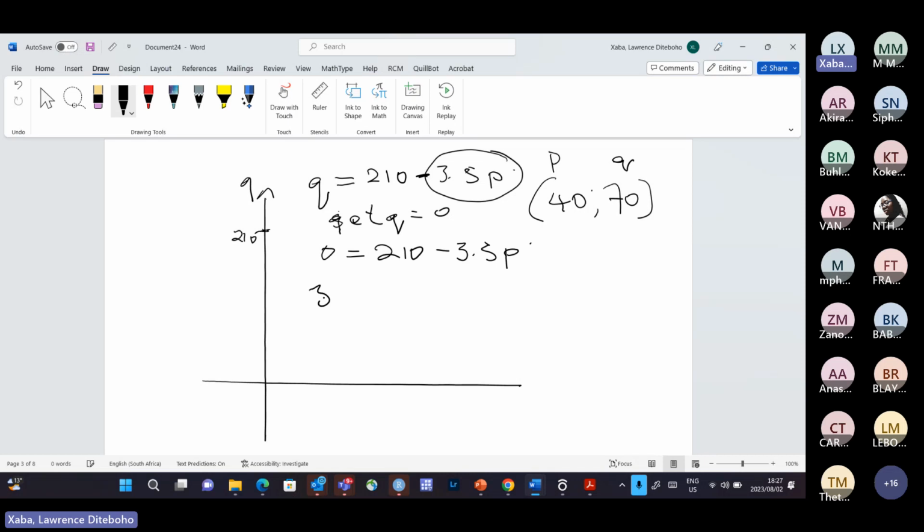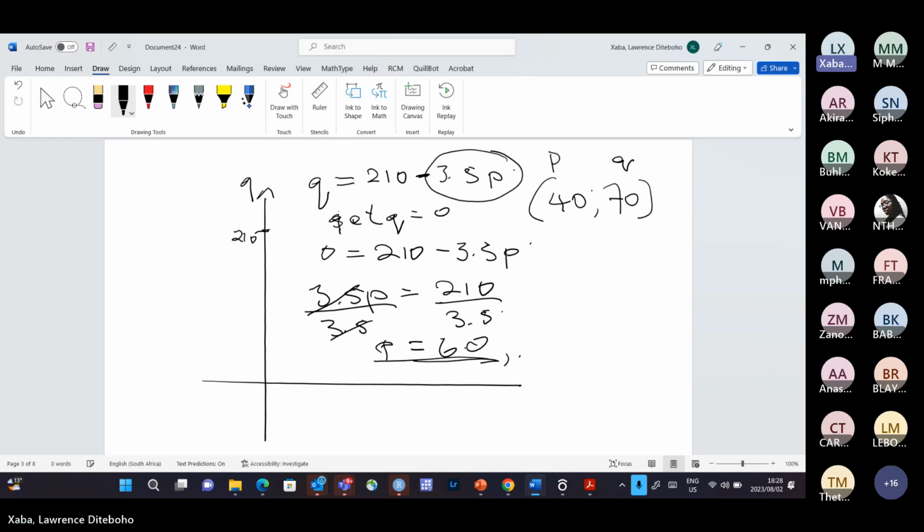If we move 3.5P over, we divide by 3.5 on both sides, and this cancels that. Remember, we want P. Dividing by 3.5, we have 60. So on this side we have 60.